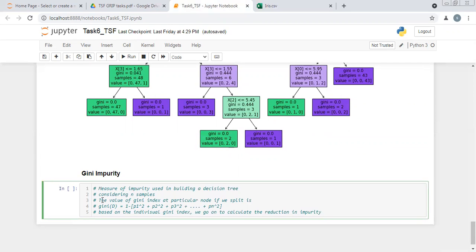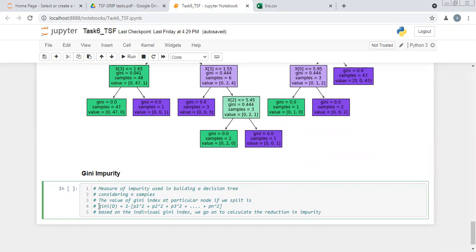There is a formula for Gini impurity. The value of the Gini index or Gini impurity at any particular node, if we split on that node, is equal to 1 minus (p1 square plus p2 square plus p3 square up to pn square). Here n samples have been considered.